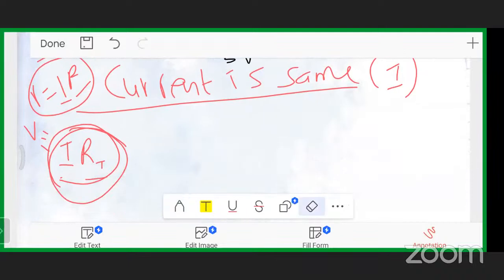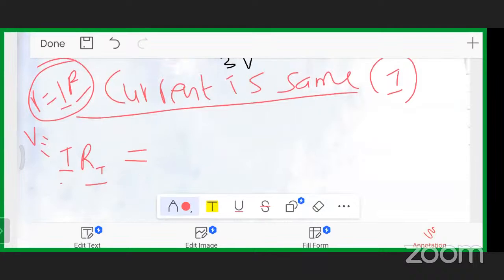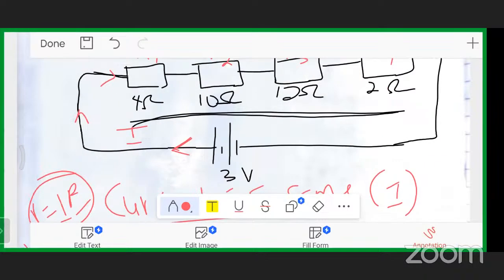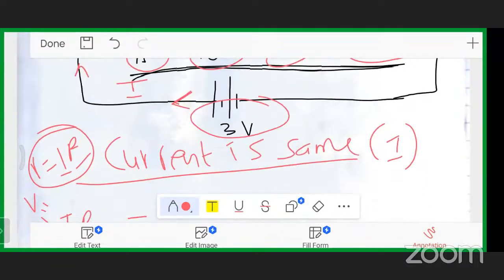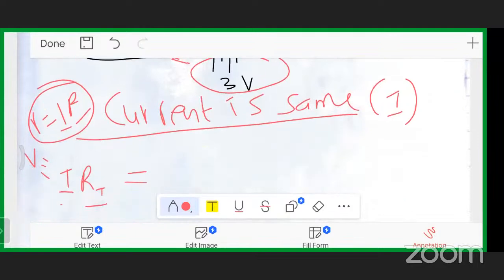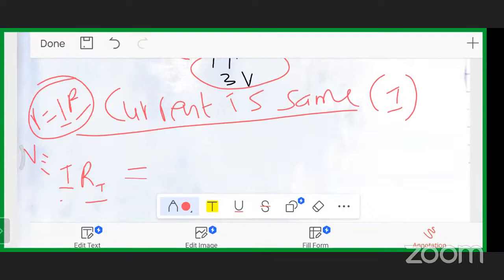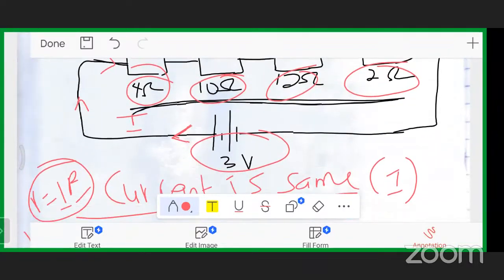We can equate this to the total voltage drop across each resistor, because if you add the voltage drops here and here and here and here, they should add up to the total supply voltage. So this same total supply voltage, I RT, can be given by finding the voltage drop across each resistor using the formula IR.